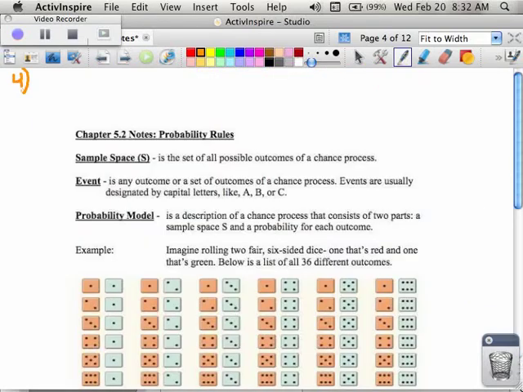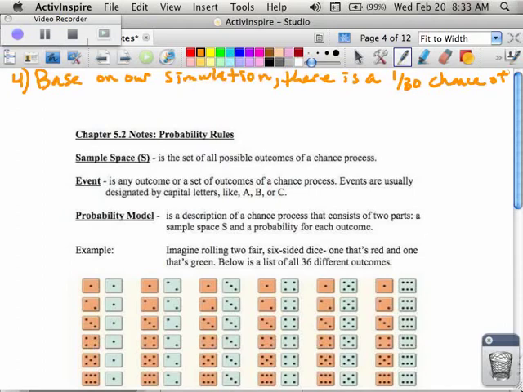Step 4. I ran out of room. All right, so based on our simulation, there is a 1 in 30 chance of both winners coming from the AP class.